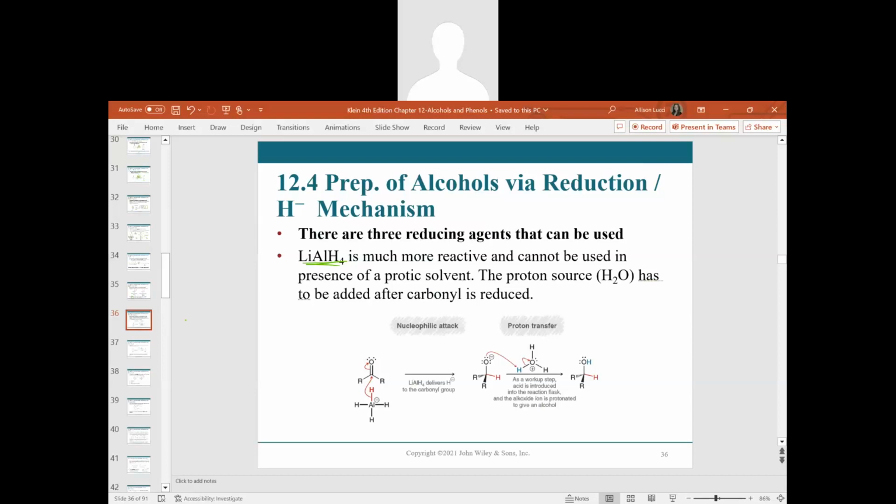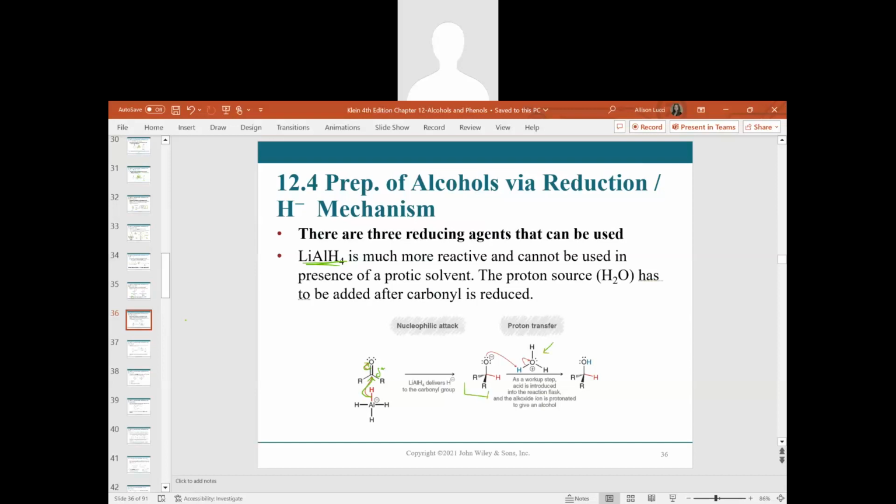So we have this reaction here, the mechanism shown, this source of hydride, again, it attacks that slightly electropositive carbon, and we see the breaking of this pi bond, the electrons shifted, and we see this alkoxide intermediate product that's formed, and then in our workup step here, we can protonate that using hydronium.